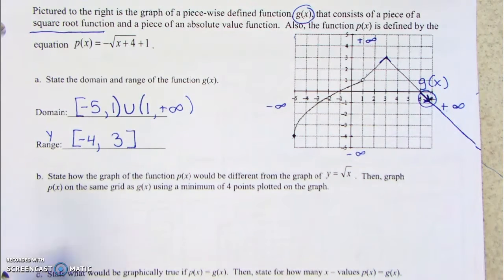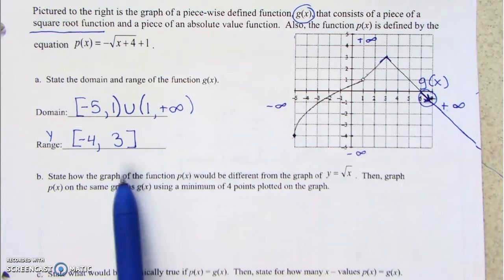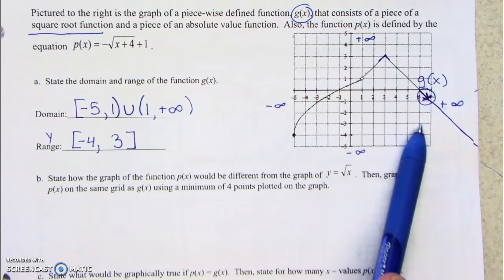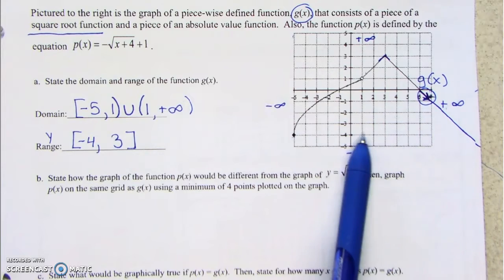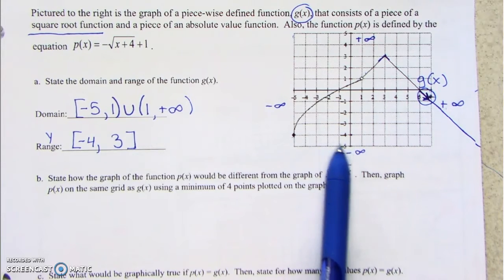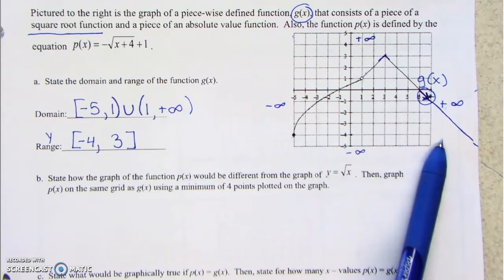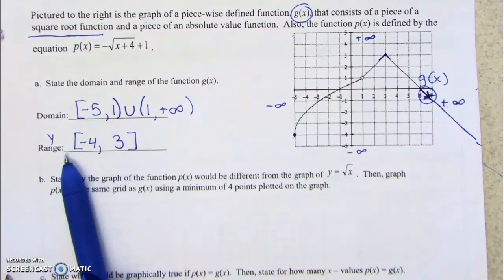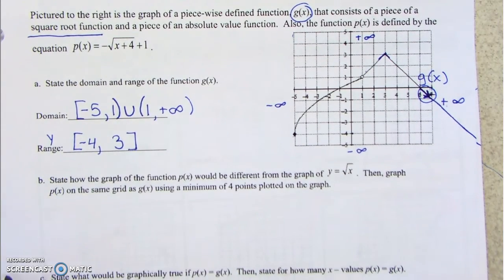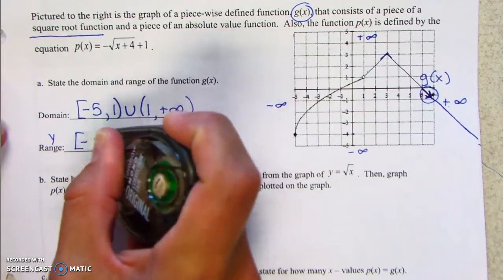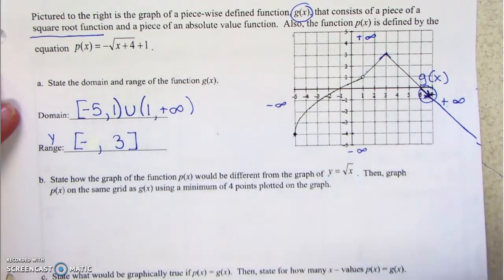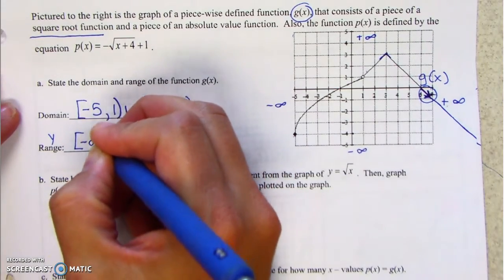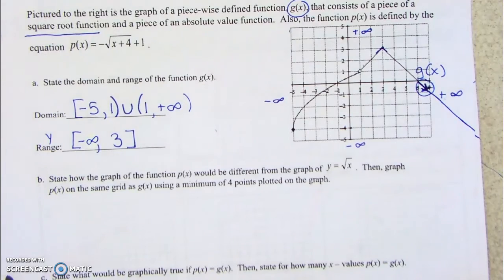What's the problem with my range? It keeps going, and where does it go, do you see how it goes past -4? And where does it go? Negative infinity. So if you wrote -4, like I did, we need to erase it and put negative infinity. So you have to check both sides of the graph for the arrows there.